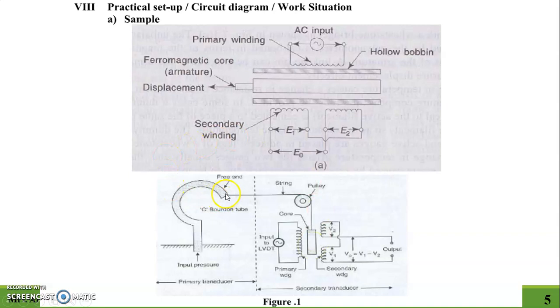As this end changes, the core position also changes. The core is shifted upward or downward, and according to that, the voltage is induced in the LVDT. So here the Bourdon tube is the primary transducer and the LVDT is used as a secondary transducer.